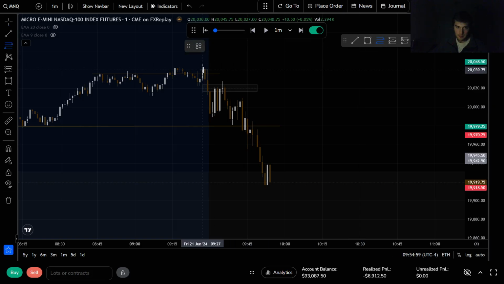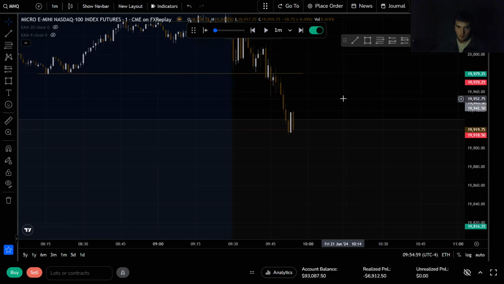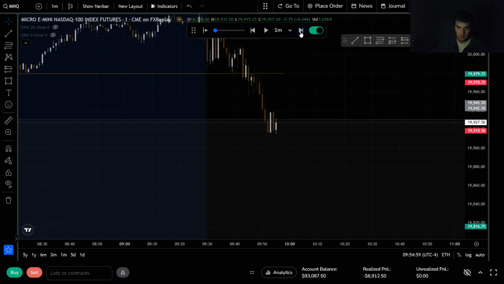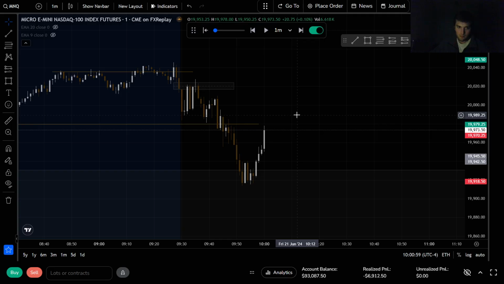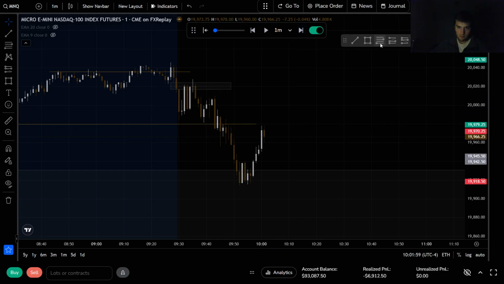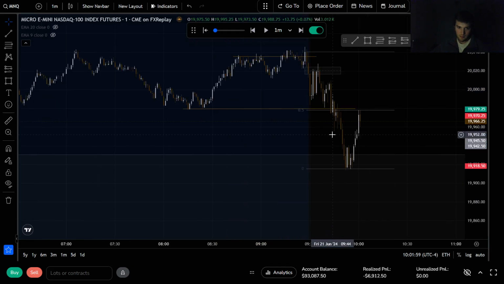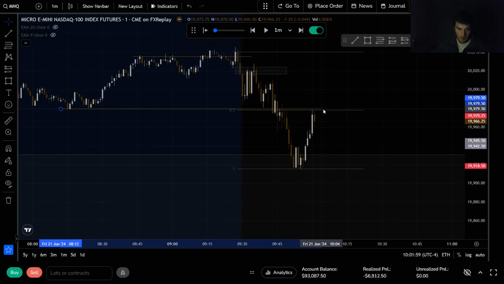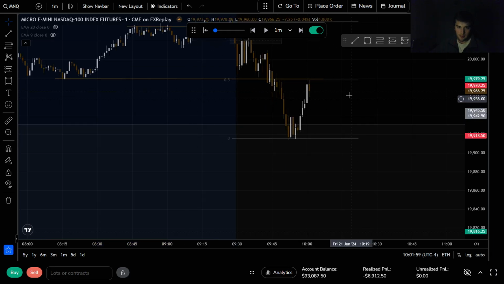All right, so in my mind I'm saying, hey, we are now tanking. Let's see if we can retrace to equilibrium and get another possible entry. So have we done that? Yes, absolutely perfectly. And also we have respected this range so far.